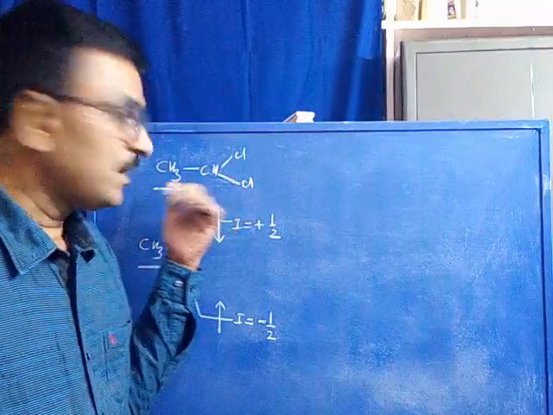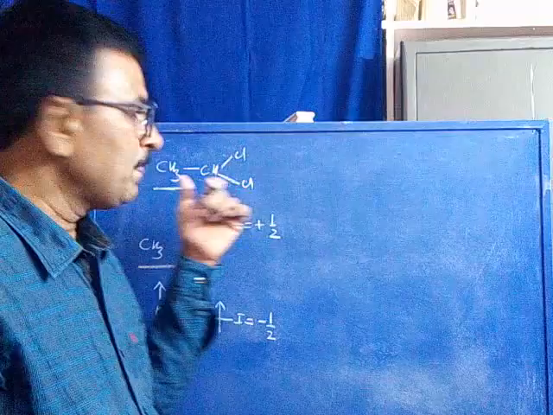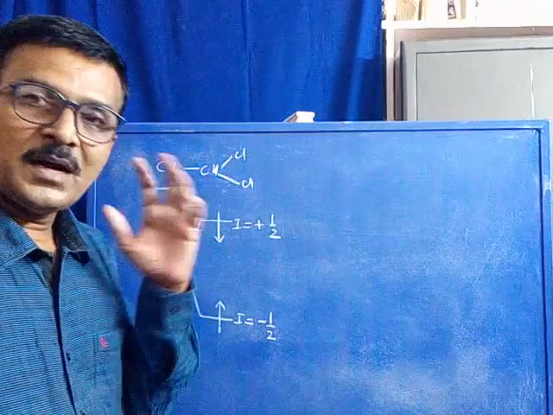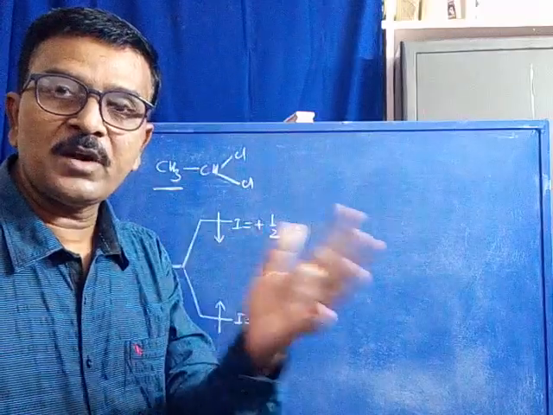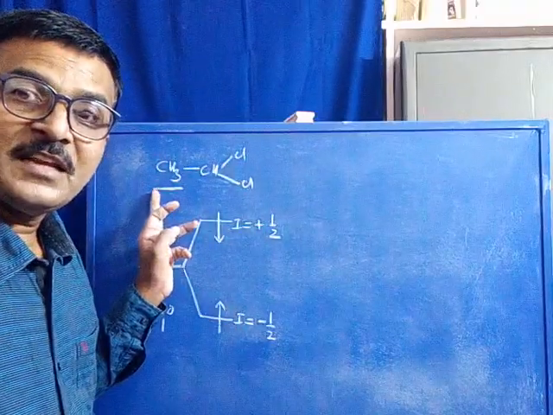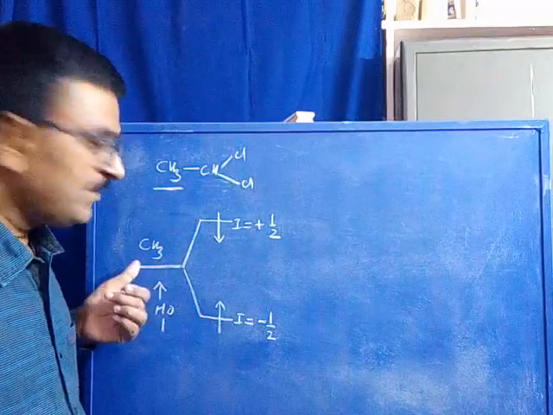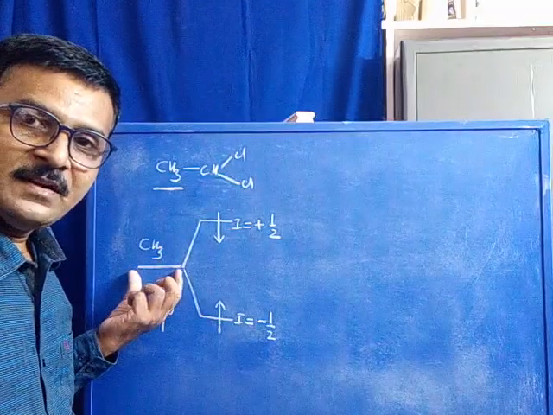Now, this is the molecule consisting of two sets of protons, CH3 and CH, where these two protons are adjacent and have different frequencies, therefore coupled. Let us study the signal for the CH3 proton. This is the degenerate energy state.